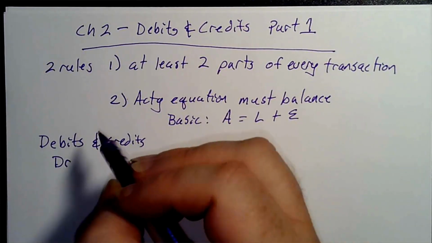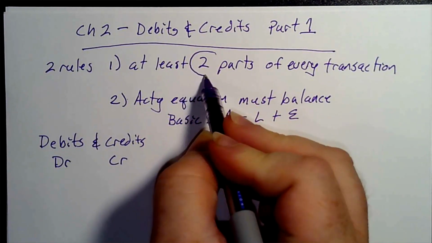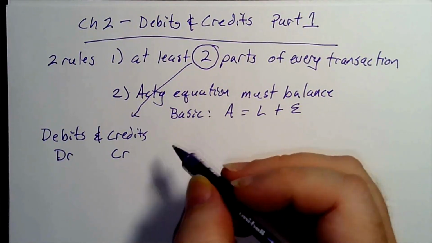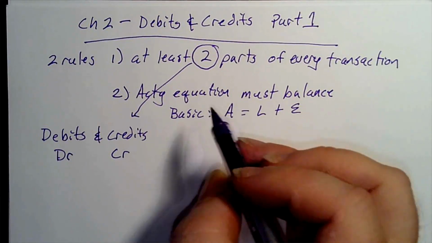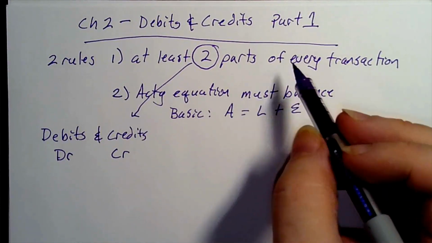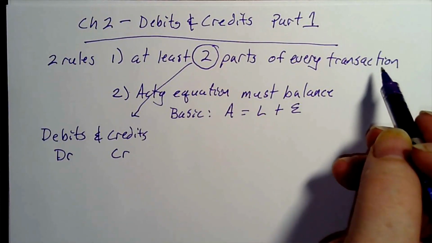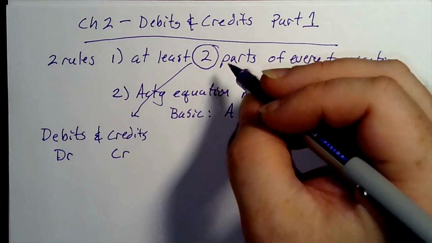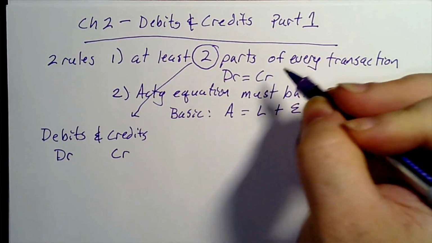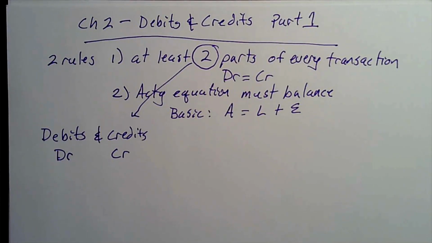The 2 parts are going to be a debit and a credit. So we can further define rule number 1: at least 2 parts to every transaction, and there must be a debit and a credit. And not only that, all the debits must equal all the credits. Well, we still don't know what a debit or a credit is, so let's take a look at that.